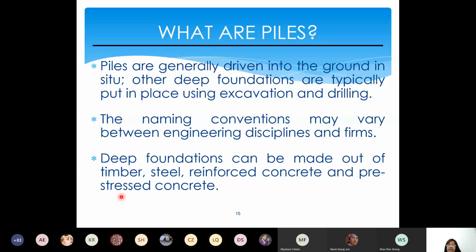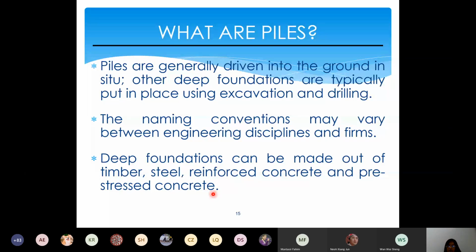Deep foundations can be made out of timber, steel, reinforced concrete, pre-stressed concrete, right? These are the materials. Don't use any other material like plastic, polyester, polyethylene. You can try, but that would be a new finding from your side. Strong material which can act as piles under the ground. So currently we have timber, steel, reinforced concrete, pre-stressed concrete.